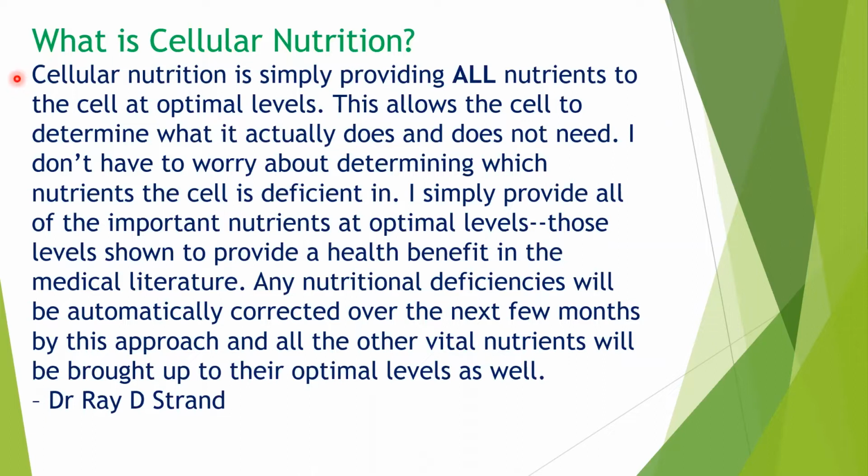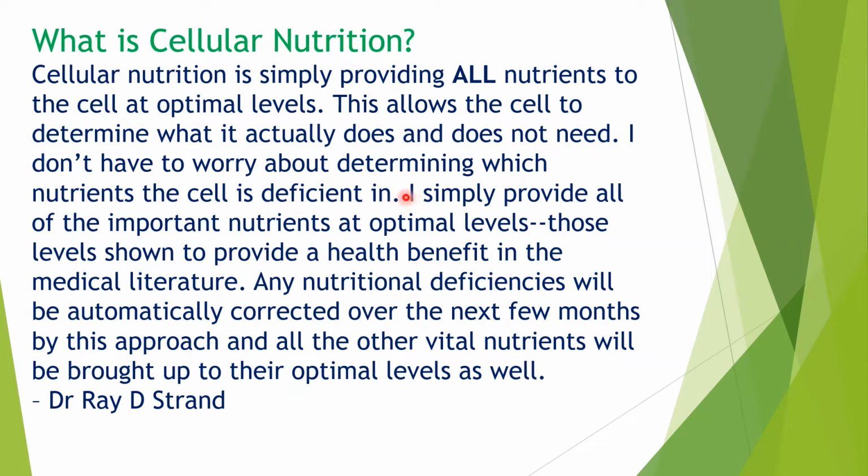So cellular nutrition, he says, is simply providing all nutrients to the cell at optimal levels. This allows the cell to determine what it actually does and does not need. I don't have to worry about determining which nutrients the cell is deficient in.